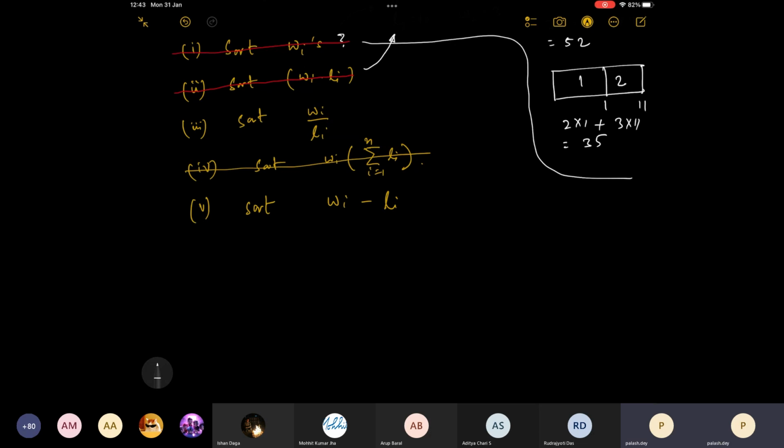So let's try to construct an example where these two approaches give different outputs.